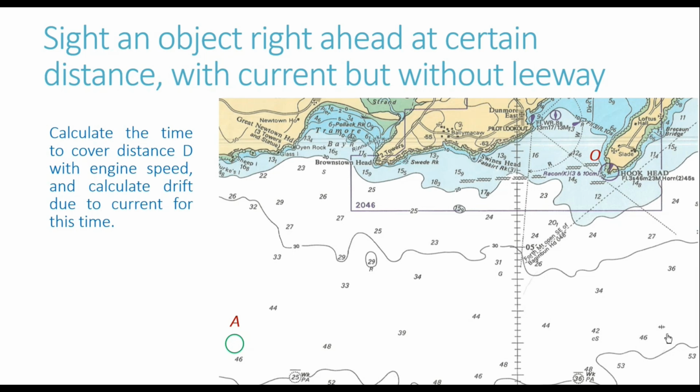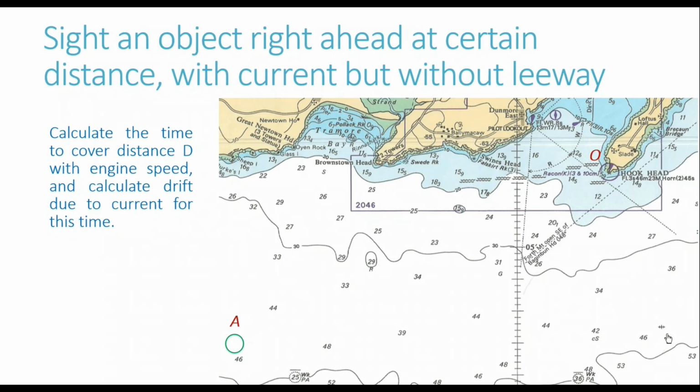So step number 1 in this question: we need to find out the time required to cover the given distance. Let us say they want us to have this lighthouse right ahead at 12 miles off. So we need to find out the time that our ship requires to cover this 12 miles using our engine speed.